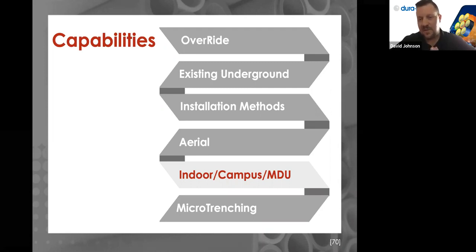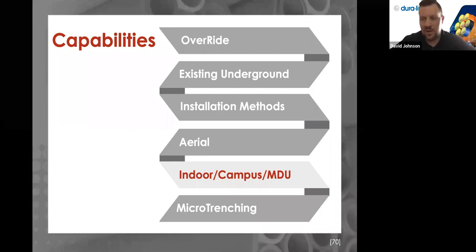But that's just to tell you that even with bends, if the product was installed properly and there's no kinks in the duct, with 90s, with the 45-degree bends, and whatnot, you should consistently be able to blow at least a mile's worth of fiber.